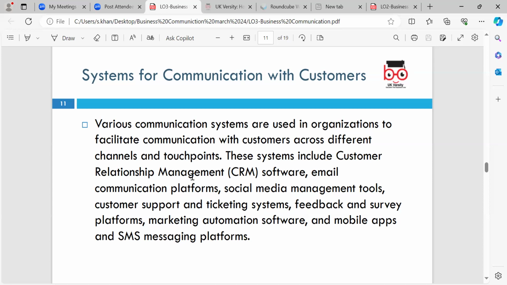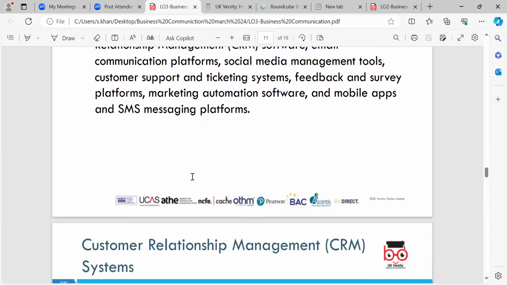These systems include customer relationship management, CRM software, email communication platforms, and social media management tools, which is a big and growing thing as well. Customer support and ticketing systems, feedback and survey platform systems, marketing automation software, and mobile apps and SMS messaging platforms.